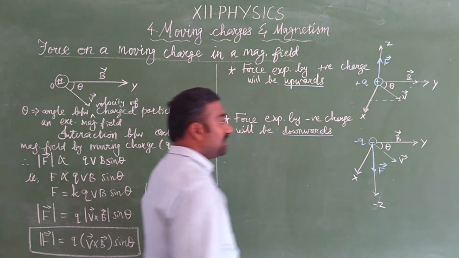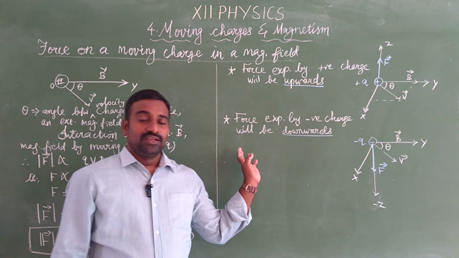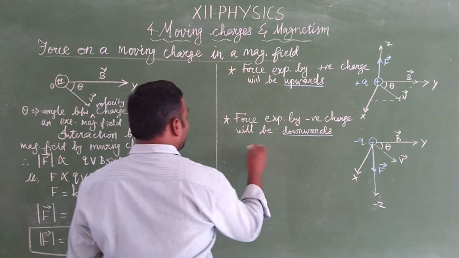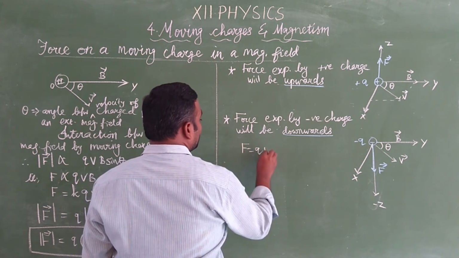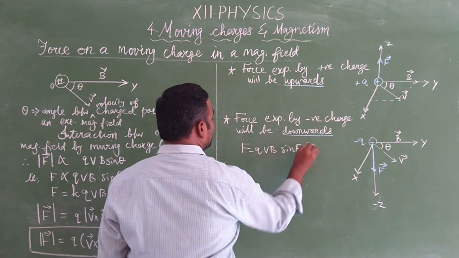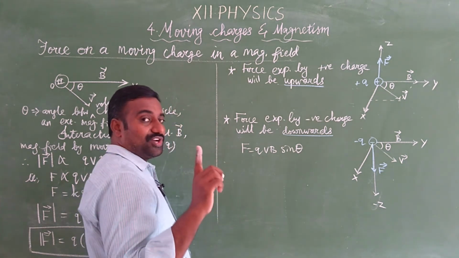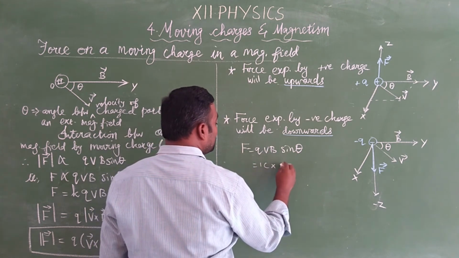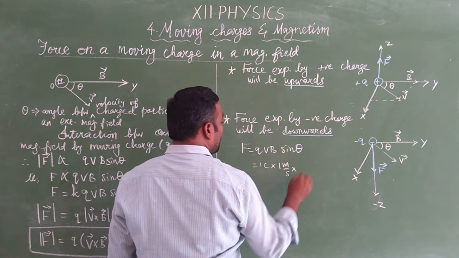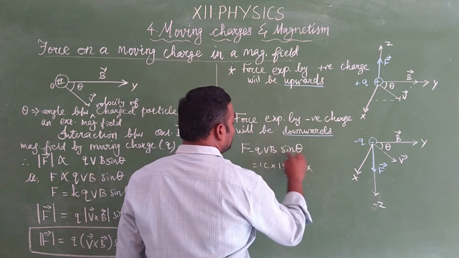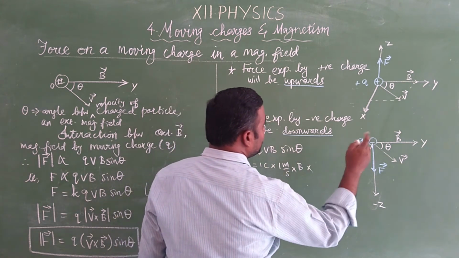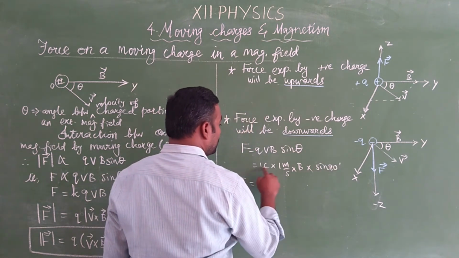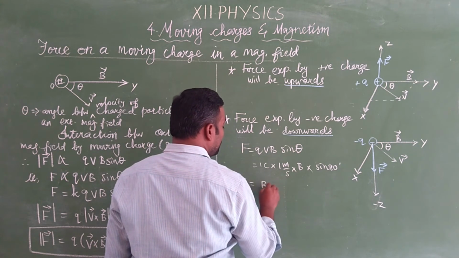Now we are going to calculate the strength of the magnetic field. We already know from the Lorentz force that F is equal to QVB sin theta. Suppose the charge magnitude is 1 coulomb, the velocity is the unit velocity, 1 meter per second, and the angle between the charge particle velocity and the magnetic field is 90 degrees. Then everything cancels, and the force is equal to the magnetic field.